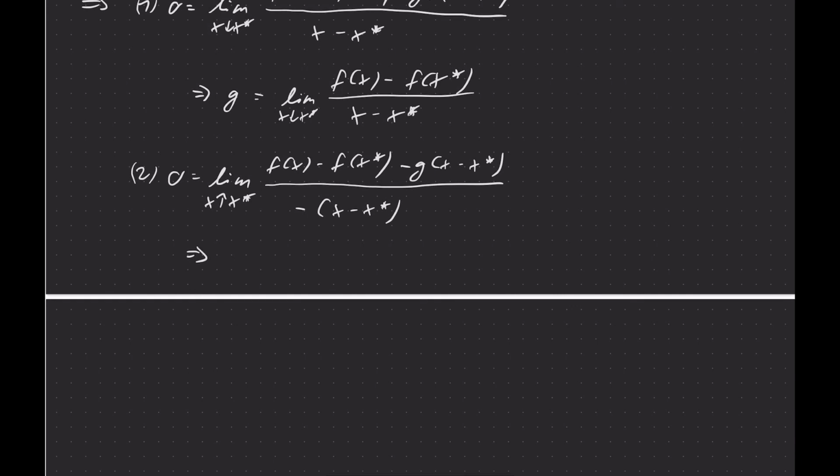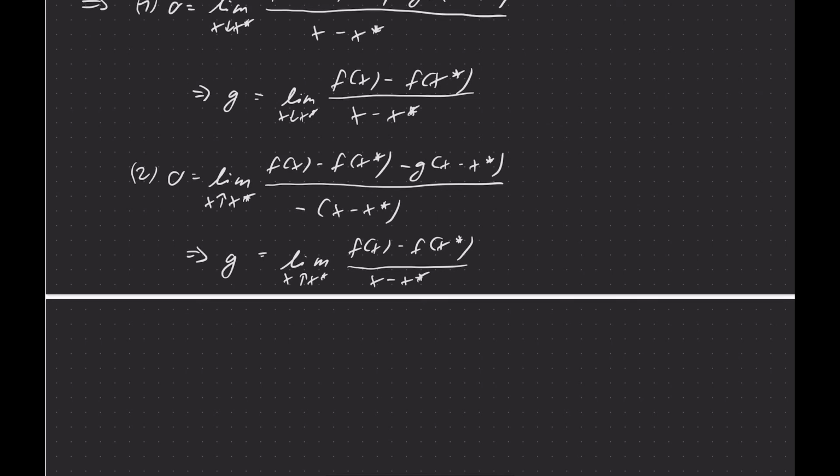So again, if we solve that for g, g is again the limit x up to x star of f of x minus f of x star over x minus x star.